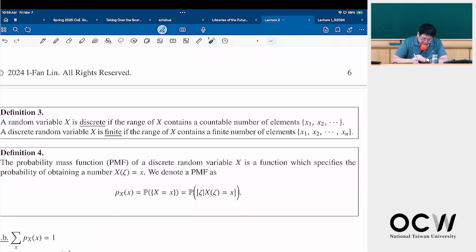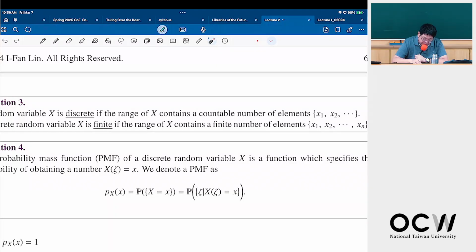P_X of x. You can see that now we have so many x's, but don't be confused about the notation. The PMF means the probability of your random variable X equals a certain value x, which means the probability of your outcome, c, such that if I map the c to the real line, it will be equal to that number x.